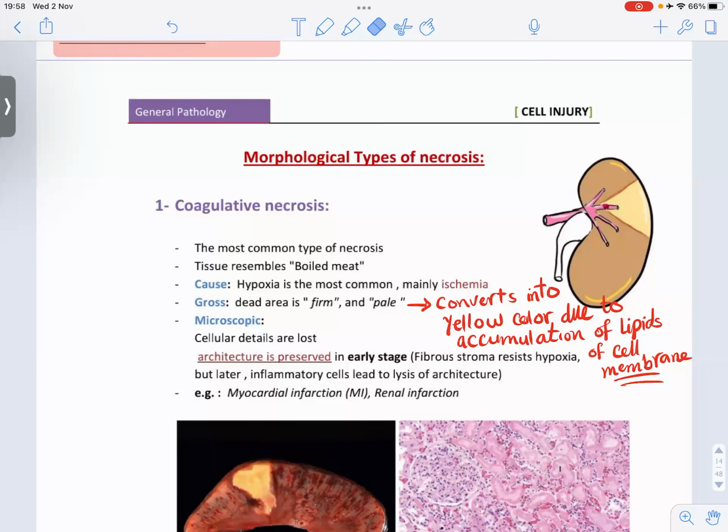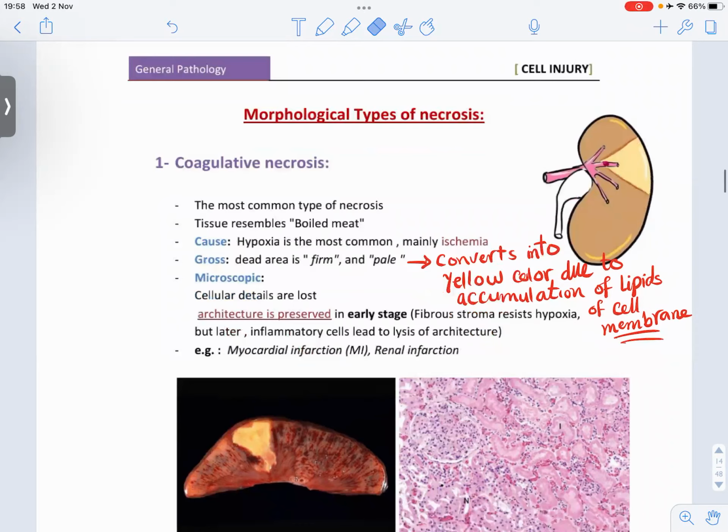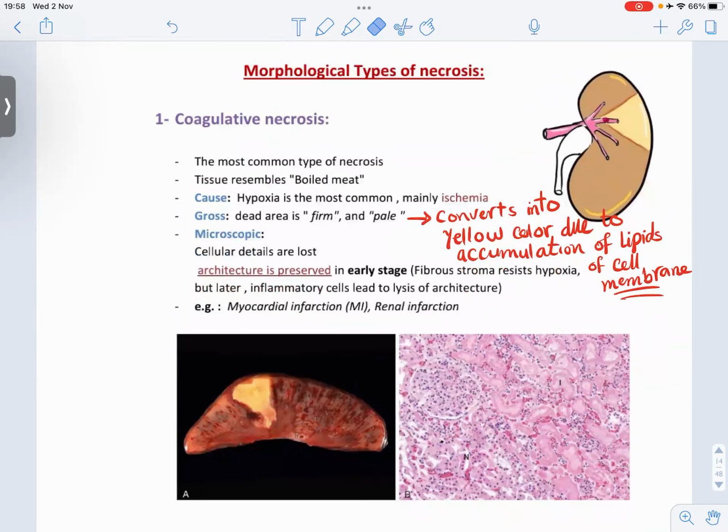After that, if we don't remove the cause, the cell will start to die because the water will destroy the mitochondria, the nucleus, and the cell membrane, and it will be irreversible cell injury. So here, hypoxia is the main cause, which happened due to ischemia.